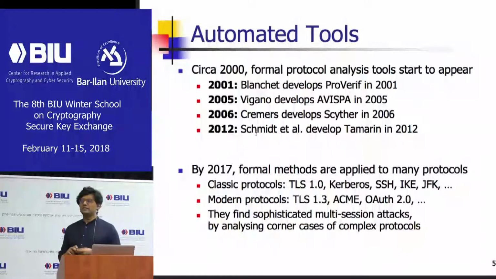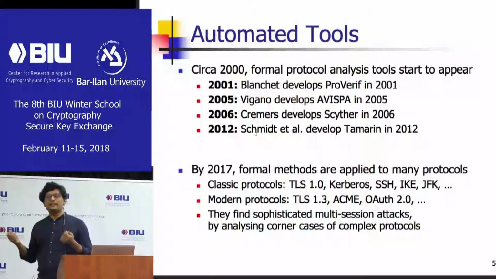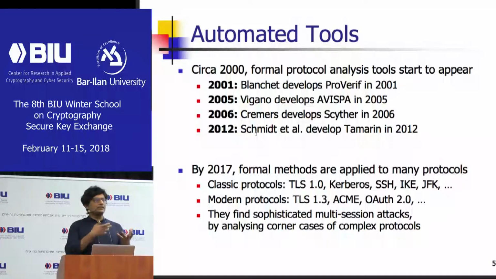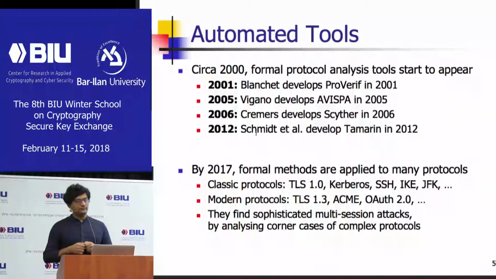And these are tools that will analyze the protocol for you and will try to find things like downgrade attacks or the triple handshake attacks or other kinds of attacks which are not really cryptanalytic attacks, but more like stress testing the protocol from the viewpoint of a network adversary.